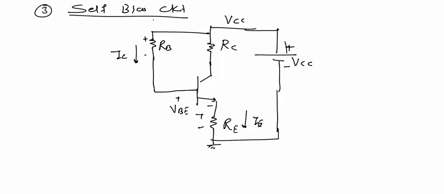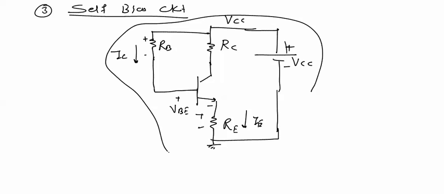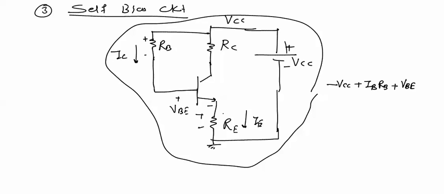If we apply KVL in this base emitter loop from ground to ground, we have this equation minus VCC plus IB into RB plus VBE, and for the voltage drop across RE we write VE, plus VE equal to 0. Now equation for IB is equal to VCC minus VBE minus VE divided by RB.